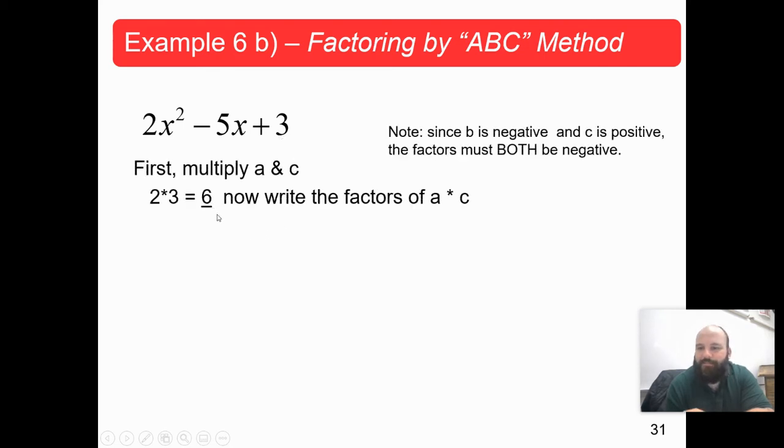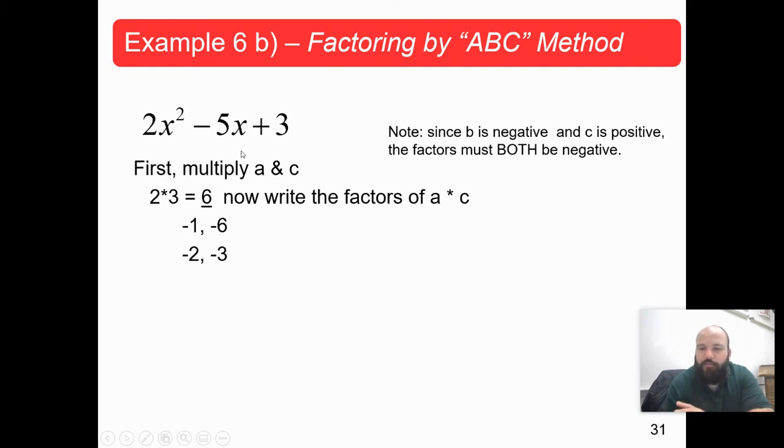Now we need to write the factors of 6. Factors of 6 are going to be 1 and 6, 2 and 3. Now notice they're all negative. Let's talk about why that is. If you see right here, I have positive 2 times positive 3 gives me positive 6. So when they multiply, we know the numbers have to be positive. But when they add together, you can see they need to equal a negative 5.